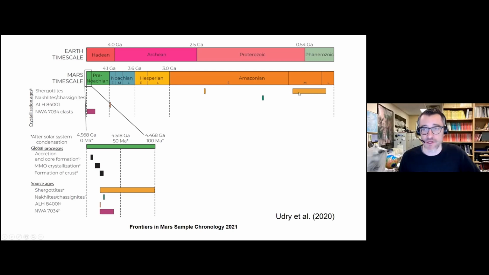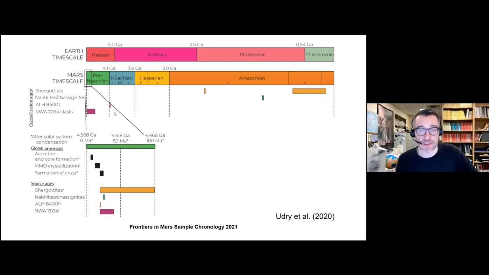And on that, we have these shergottites. You can see, again, this bias towards these much younger, mid to late Amazonian age rocks, with the exception of this 2.4 billion year grouping, and Allan Hills 84001, nakhlites, chassignites here, and the clast within NWA 7034.